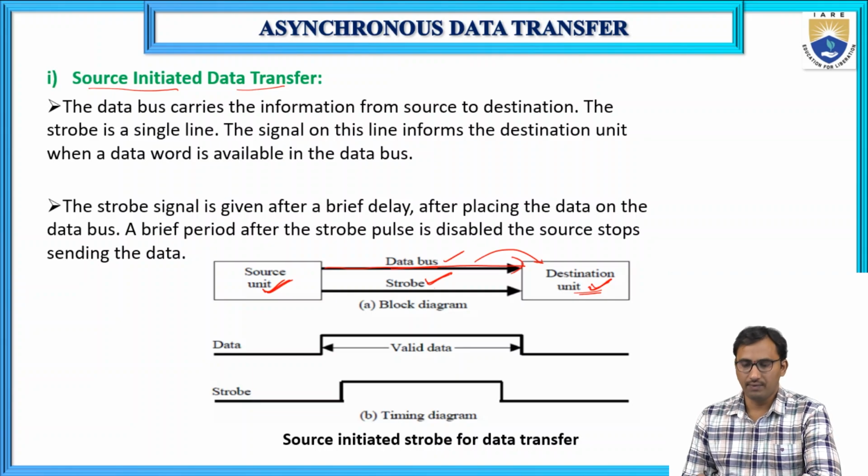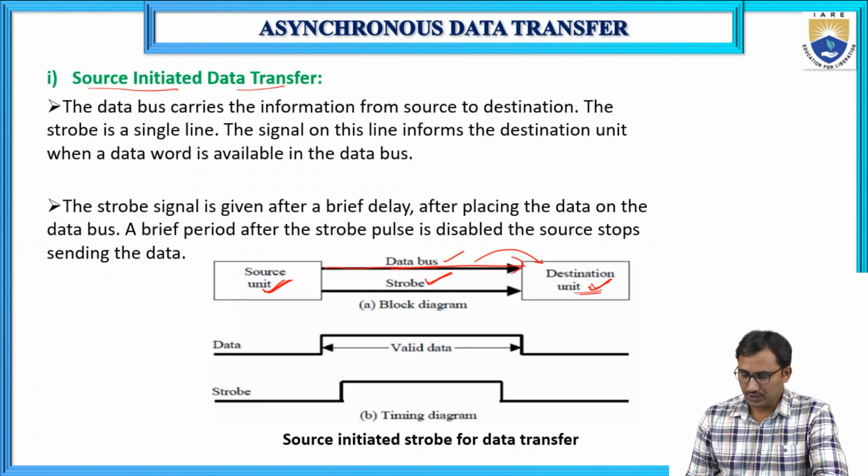The same thing we can represent using the timing diagram. So this is the source and this is the strobe signal. Initially, the source unit will place the data in the data bus. This is the time at which the source unit places the data in the data bus.